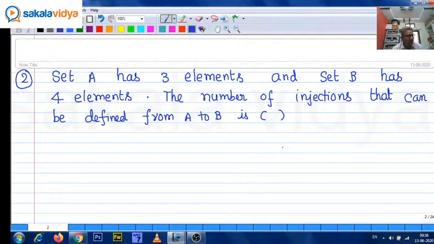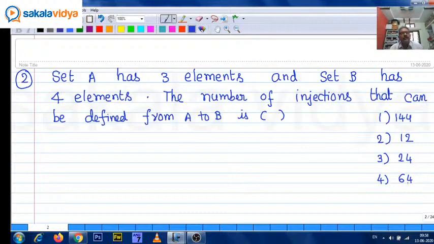So first option is 144, second option is 12, third option 24, fourth option 64.